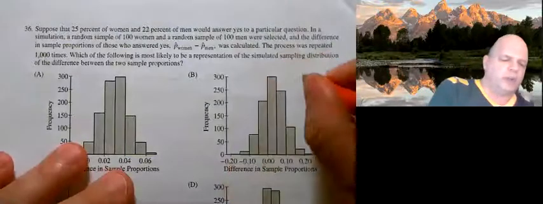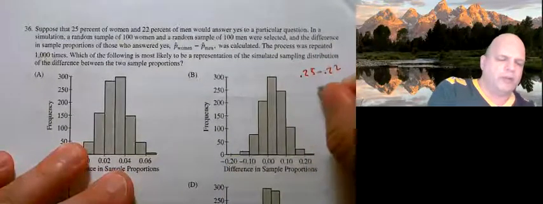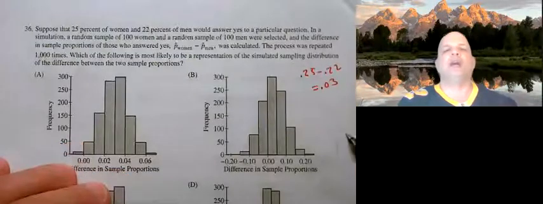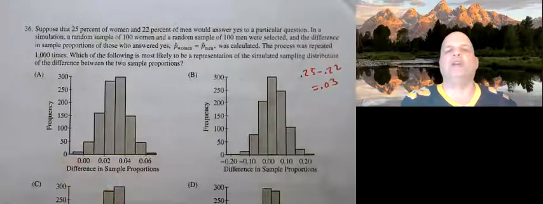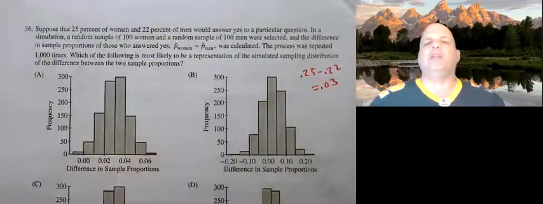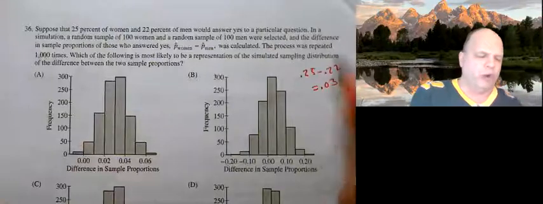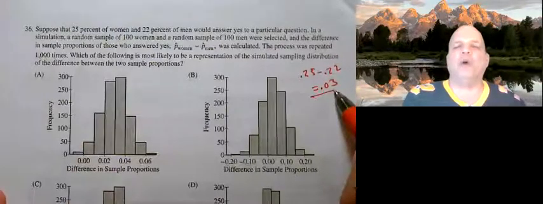So basically, we're expecting 0.25 minus 0.22, which gives us a difference of 0.03. The process was repeated 1,000 times. Which of the following is most likely to be representative of the simulated sampling distribution of the difference between the two sample proportions?